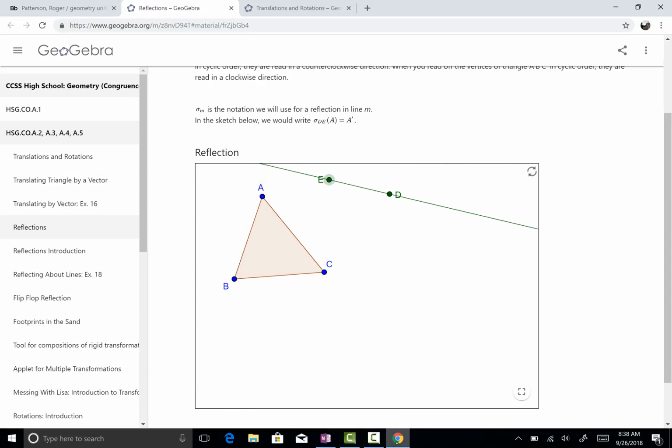Okay, the orientation is different. So here, if we go ACB, this one, though, is ABC going in the clockwise direction. ACB versus ABC. So the orientation changes in a reflection. Orientation is not the same.